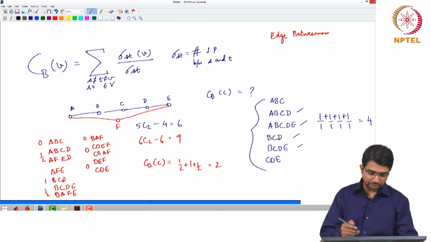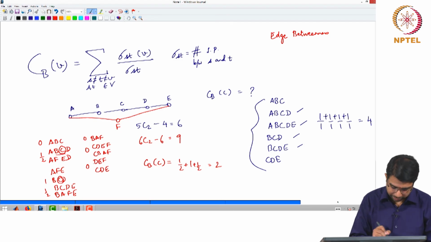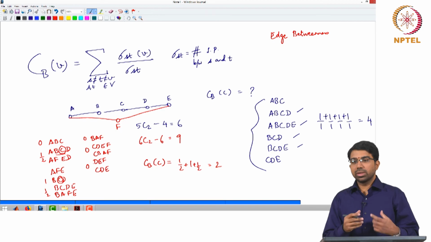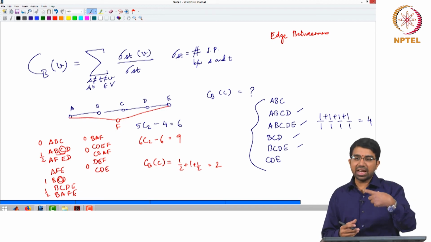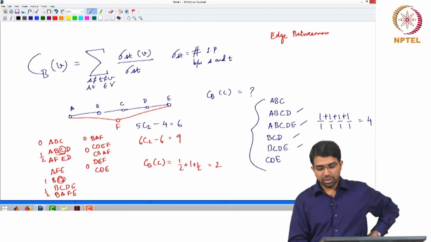You look at all the same paths, but instead of looking for C, right, you now start looking for say BC or something. So BC occurs once here, only once in fact, and so on, right. So you basically look at how many times a single edge occurs between other edges in a given network.